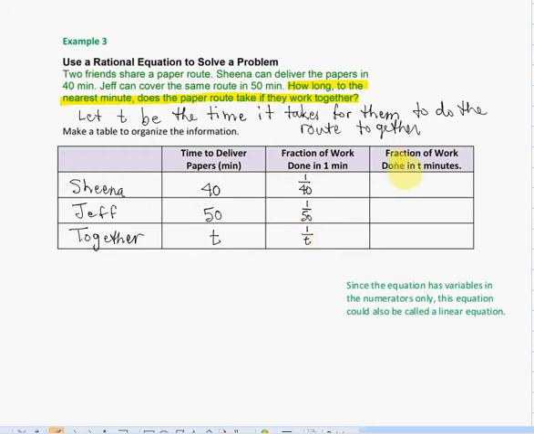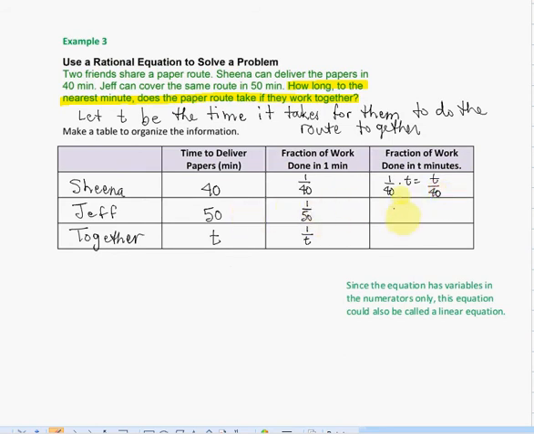Okay, so the next thing we want to ask ourselves is, what fraction of the work is done in t minutes? That's the time that they do it together. Well, if 1 minute is 1 over 40, then to find the fraction for t minutes, we have to multiply. So we're going to go 1 over 40 times t, which will give us t over 40.